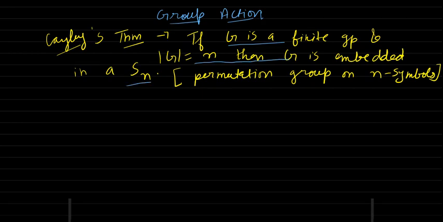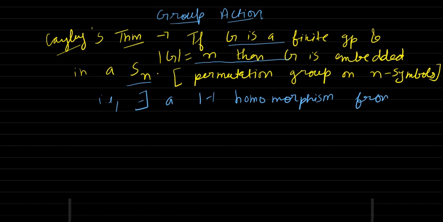But what do we mean by embedded here? It means that there exists a 1-1 homomorphism from our chosen G to Sn. This we have to show.